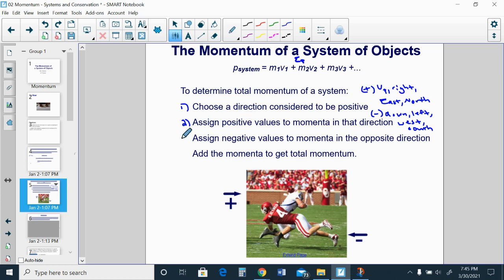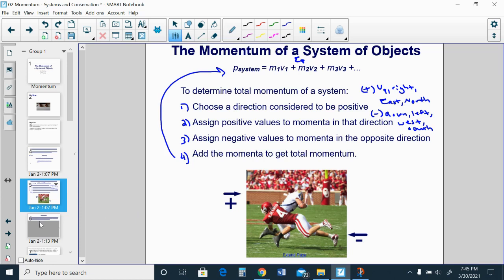Then you would assign negative values to the objects heading the opposite direction. So if we have momenta heading right, that would be positive. And then if you had another one heading left, that would be negative. Then you want to add that all up using the above equation here to get the total momentum of the system.